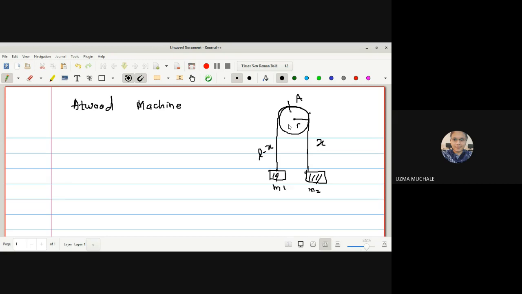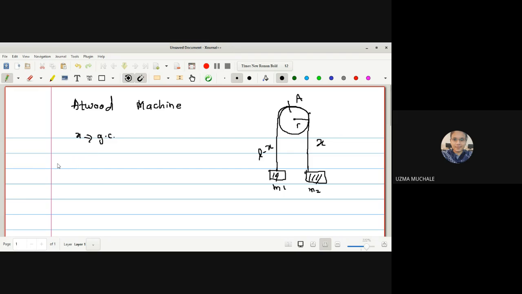Now we can say that in this case x itself will work as a generalized coordinate, because if you know x, you can find L minus x. The distance x is for mass M2, and L minus x is the distance of mass M1 from point A. x itself will describe the position of the particles, and hence x can be considered a generalized coordinate.